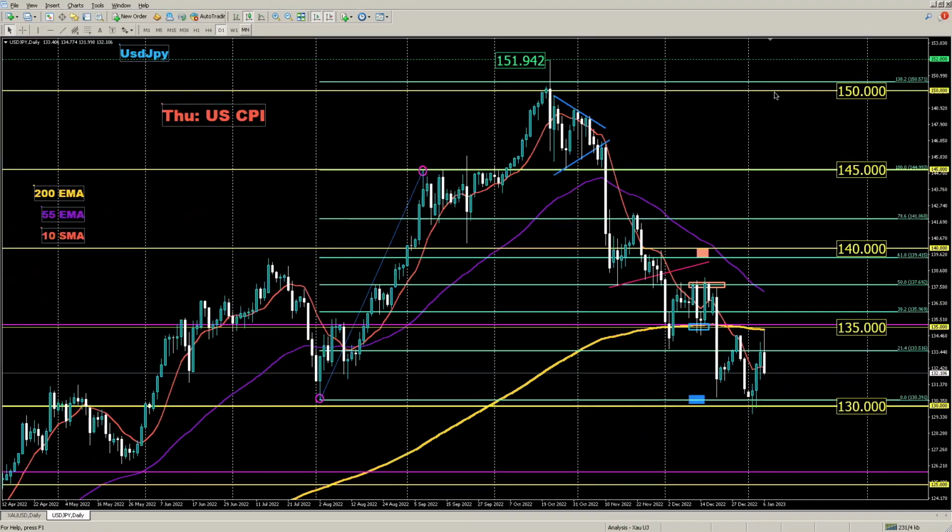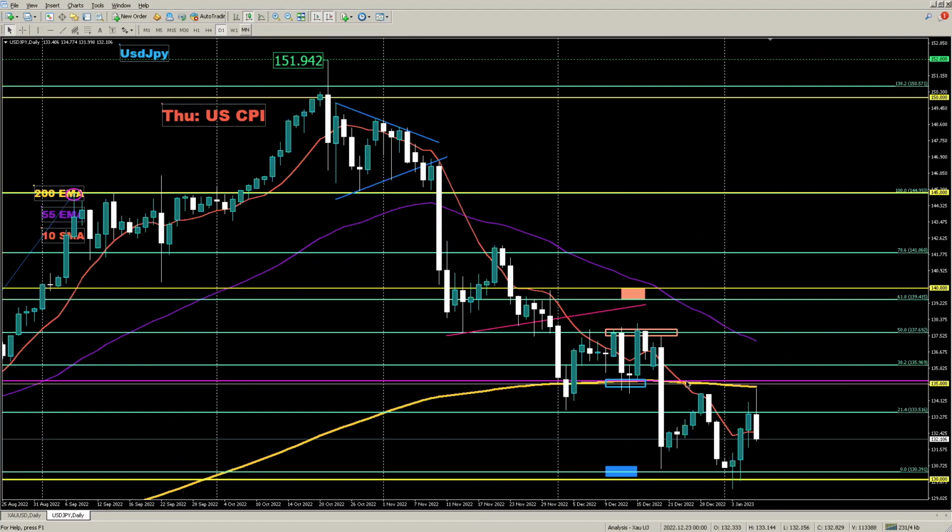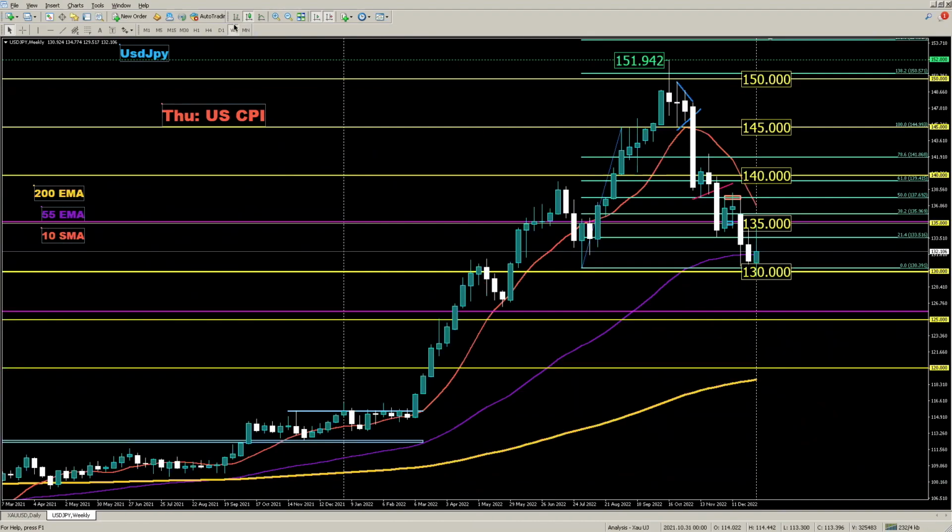Let's move on to the dollar against the Japanese yen. You'll see where it was blocked by the 200 EMA on the Friday, yesterday, and fell back down. Although for the week, it's still probably a doji. Let's take a look at the weekly time frame.